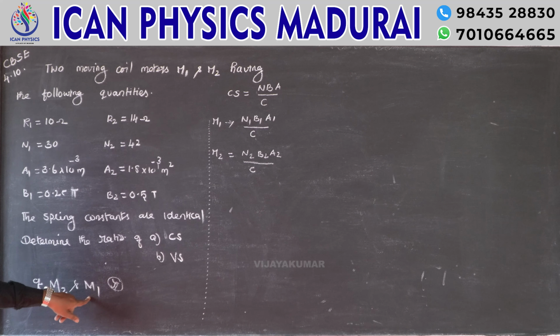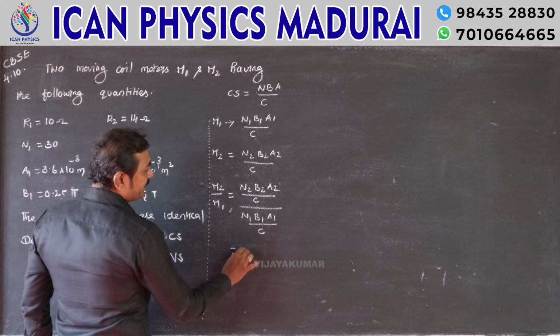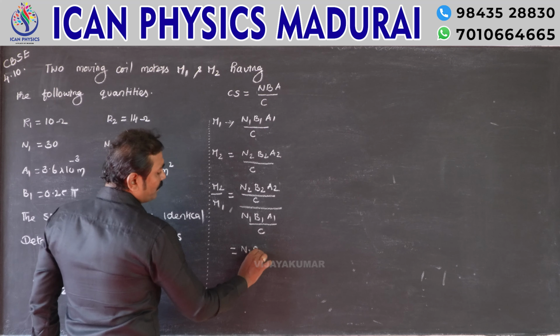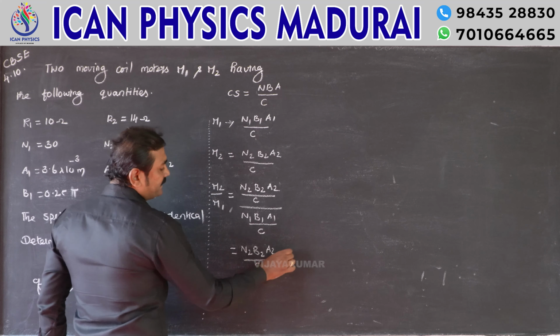So what is the ratio of M2 and M1? M2 by M1 equals N2 B2 A2 by C divided by N1 B1 A1 by C. Now C gets cancelled, or it becomes a reciprocal: N2 B2 A2 by C into C by N1 B1 A1.